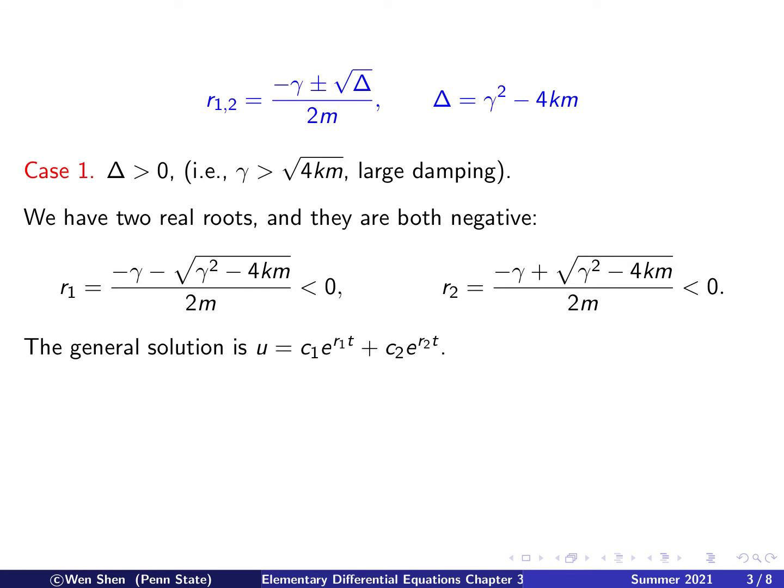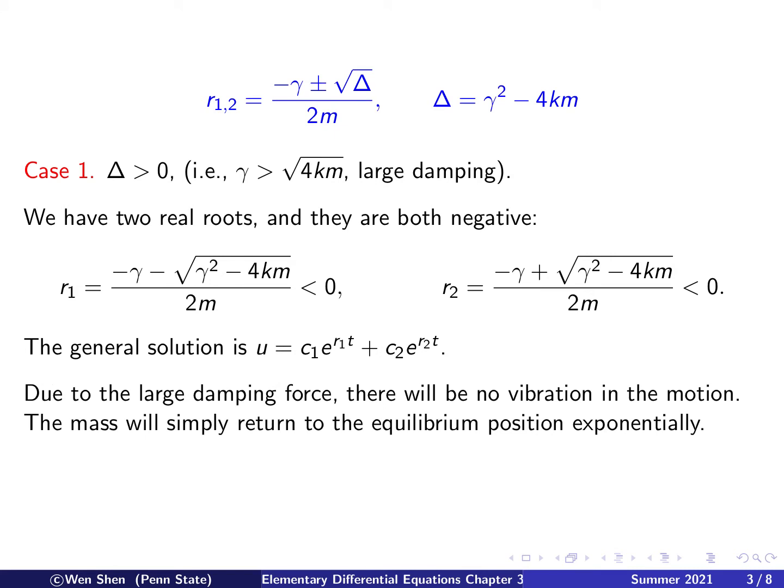Then we can set up the general solution, which will be exponential functions with the two roots. They're both negative, e to the r1t, e to the r2t, and we do a linear combination. And then we see, how is this vibration doing? Well, since both r1 and r2 are negative, as time goes, the solution will approach 0 exponentially.